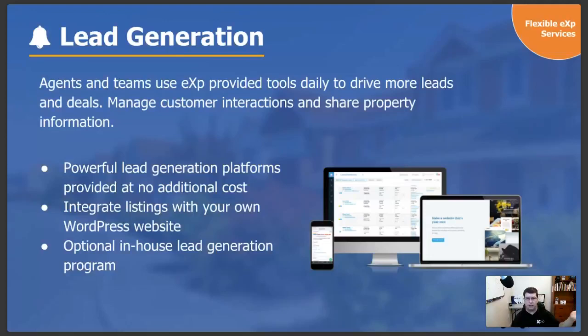They all have end-to-end solutions, from offering services for paid advertising to help you generate traffic and convert leads, all the way through the website, the customer relationship management system, the conversion tools, the keeping in touch, the follow-ups.